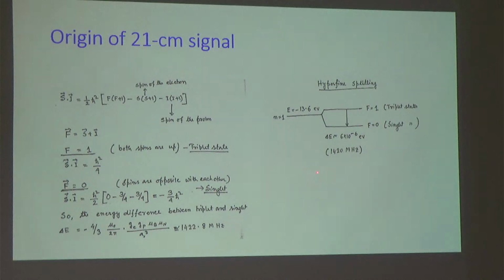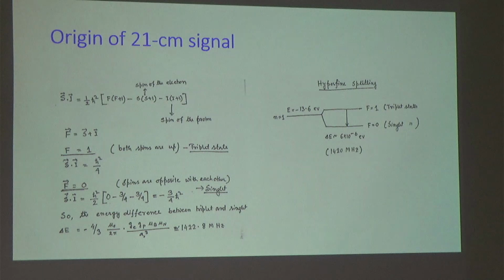In order to get this number accurately, you need to use QED, quantum electrodynamics. But if you use this formula that I have shown, you will get 1422.8 megahertz. In order to get a more accurate value, you need to use quantum electrodynamics, which I am not going into. So I think this is clear.